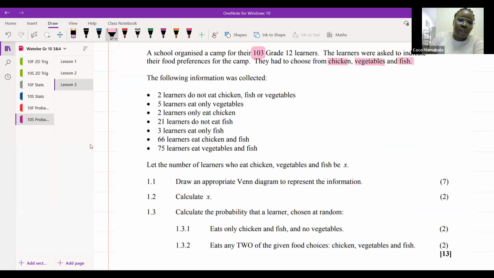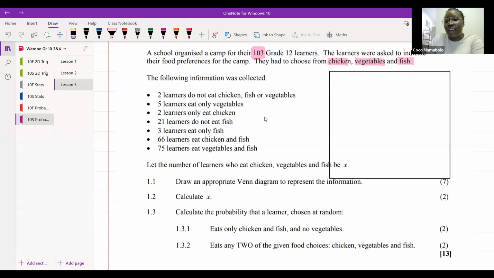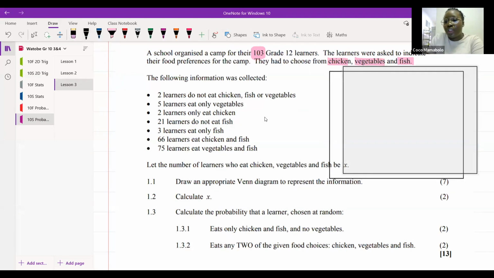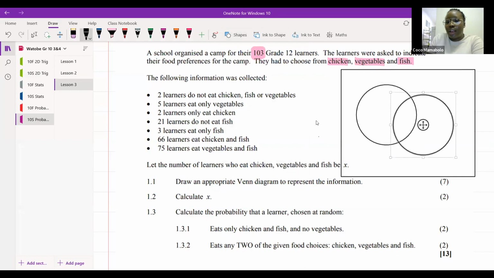How many circles are we going to have, guys? Correct, Namisile, beautiful. We're going to have 3 circles. So there's our sample space. We're going to draw 3 circles, another one, and another one. Okay, and let's do our research.